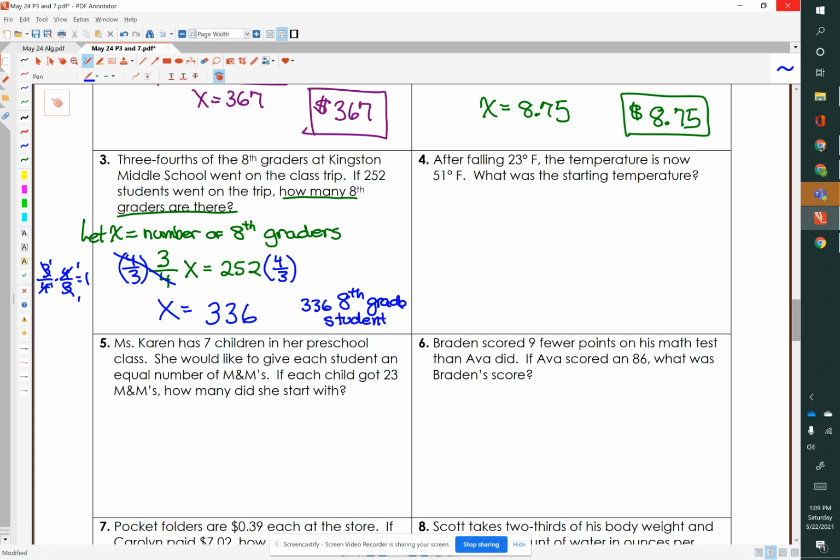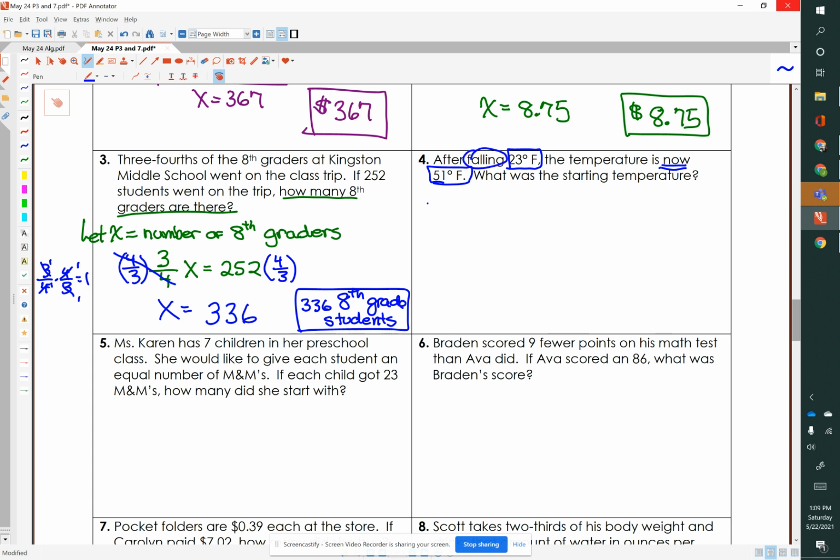Remember, we're answering exactly what they asked. Number 4, after falling 23 degrees Fahrenheit, the temperature is now 51 degrees Fahrenheit. What was the starting temperature? So if the temperature fell, we're talking about subtraction.